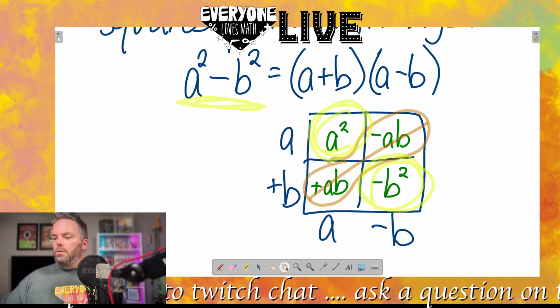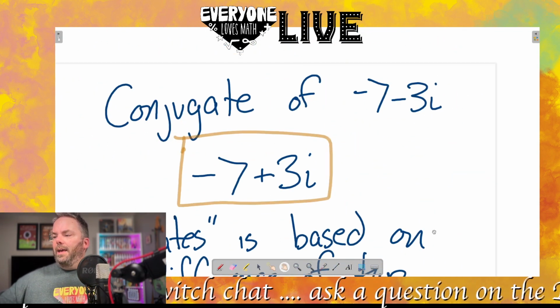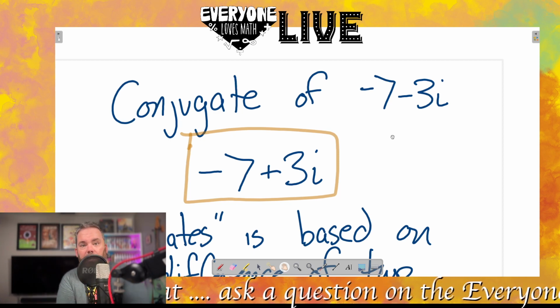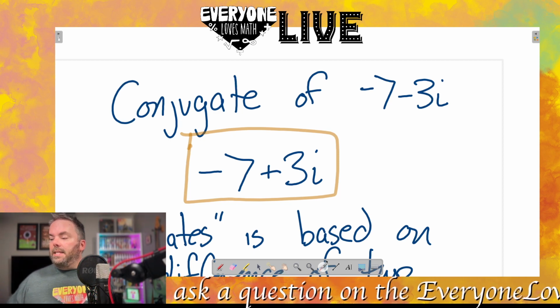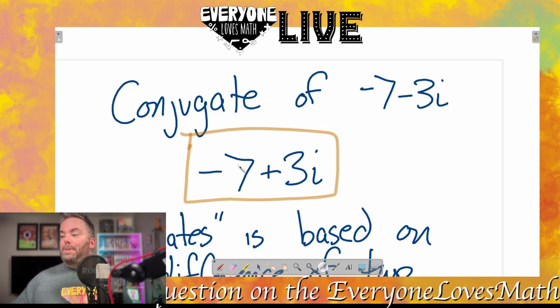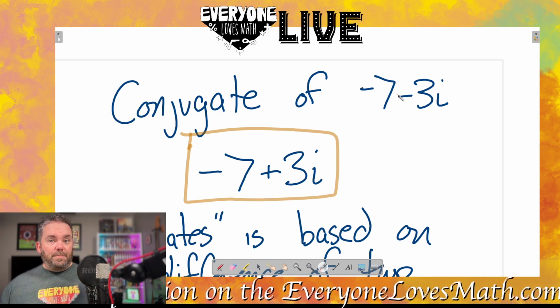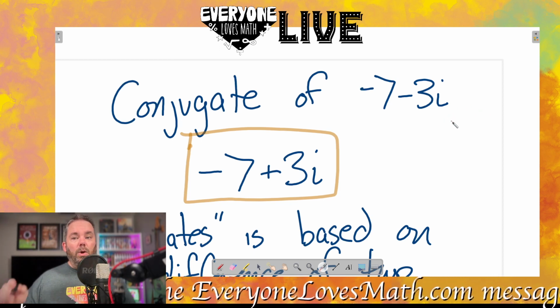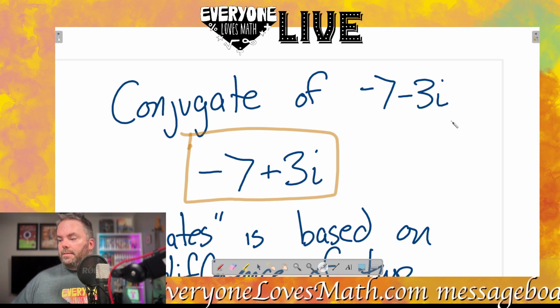Okay, so now we have to go back, and what the heck does difference of two squares have to do with conjugates? Well, you might already see the connection. Remember how difference of two squares was a plus b and then a minus b? Let's see what happens when you multiply two conjugates.